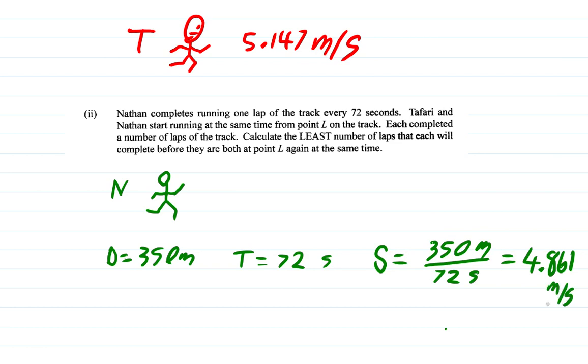It's good to use at least 3 decimal places until you reach the answer, then you can round off. But anyway, here we have both speeds.